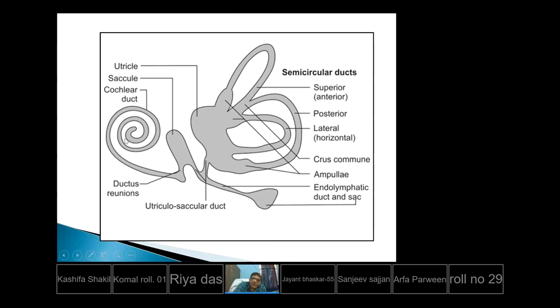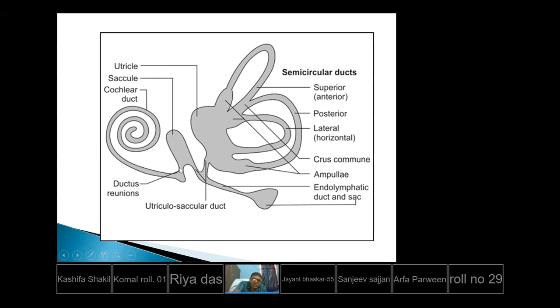This is the anterior part of the membranous labyrinth, and it is called the cochlear duct. The cochlear duct is connected to the saccule by a small opening here. It is called the ductus reuniens.